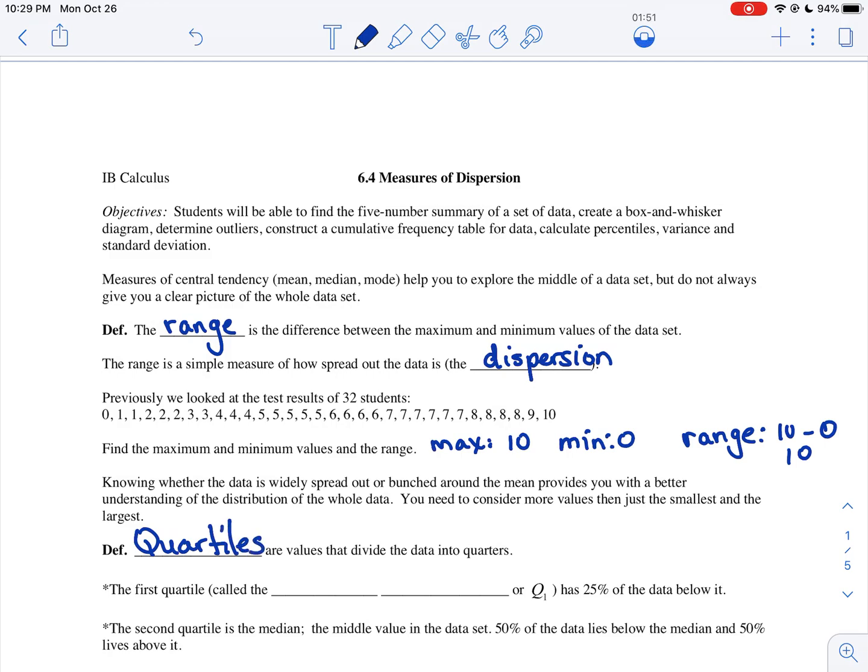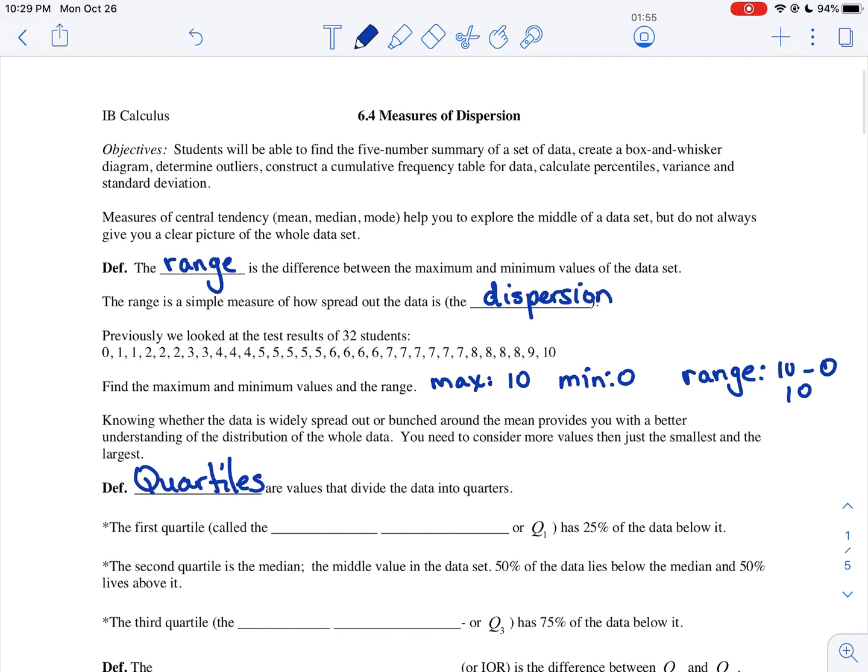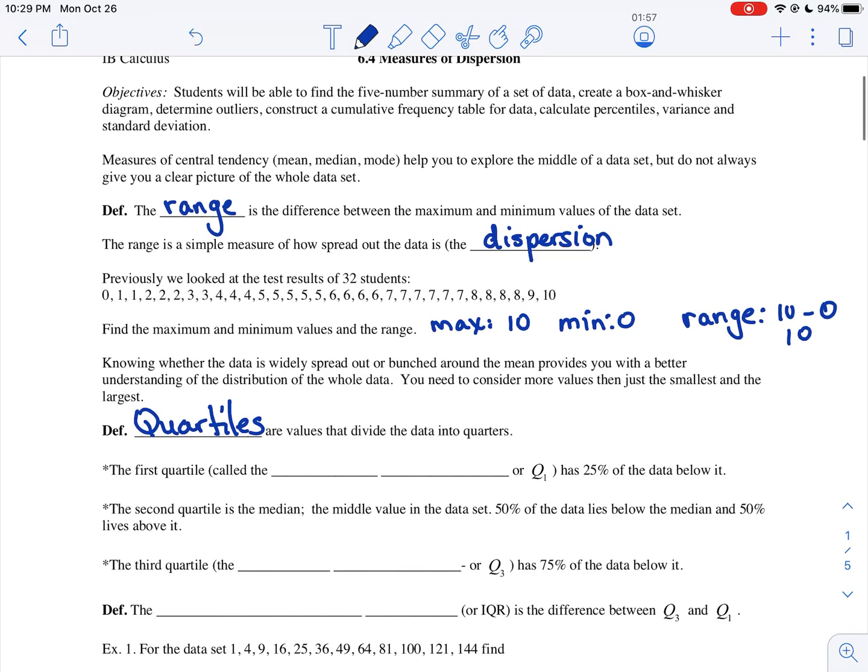Quartiles are values that divide the data into quarters, so like fourths, 25%. The first quartile is called the lower quartile, or Q1, and it has 25% of the data below it. The second quartile is the median, so we already know about the median.